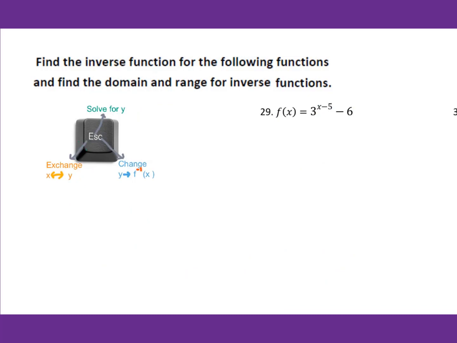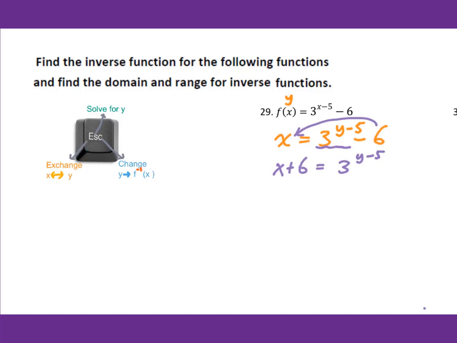Now go to 29. First of all, we know f of x means y. We got x equals 3 to the y minus 5's power, minus 6. Then we solve for y. This is an exponential equation, so isolate the exponential form on one side. We need to add 6 both sides. We got 3 to the y minus 5.